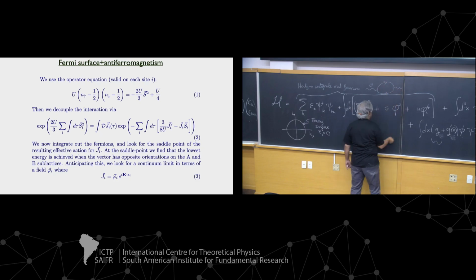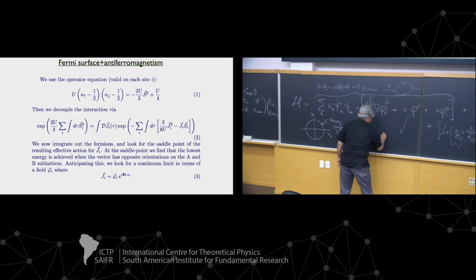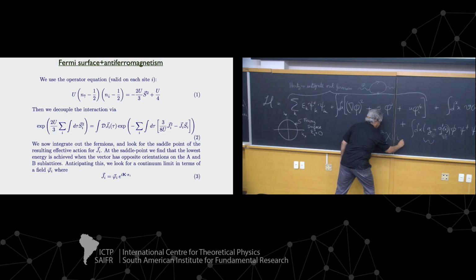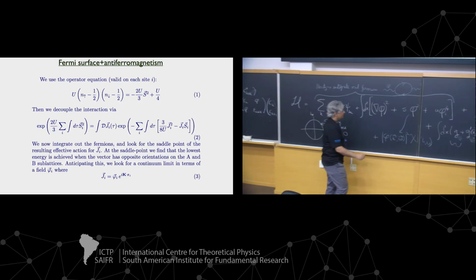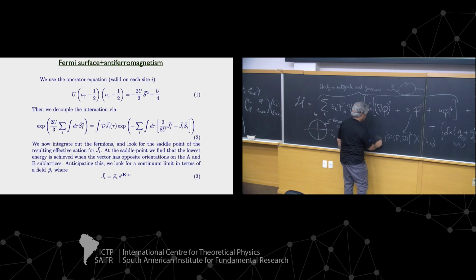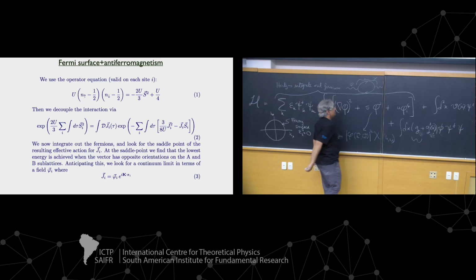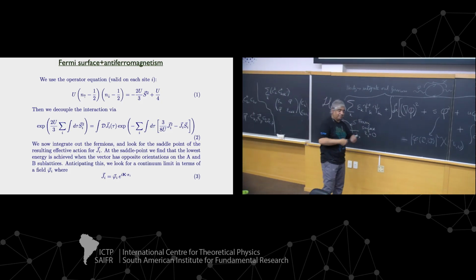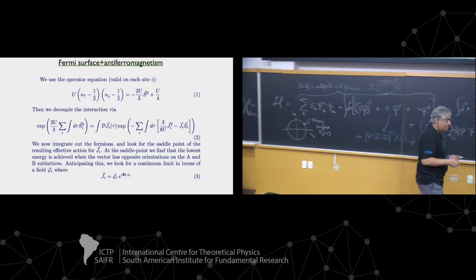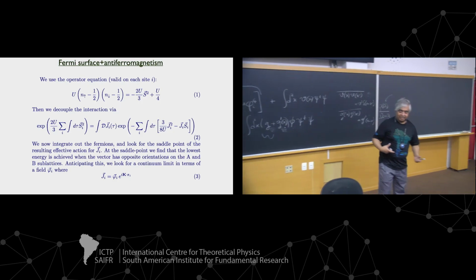So you'll get an additional term, and that term, if I write it in frequency space, will be phi of k and omega mod squared times chi of k and omega. Actually there's a minus sign because of the fermion loop. The chi of k and omega is just the fermion bubble. So that's the spin susceptibility of the fermions at the ordering wave vector.